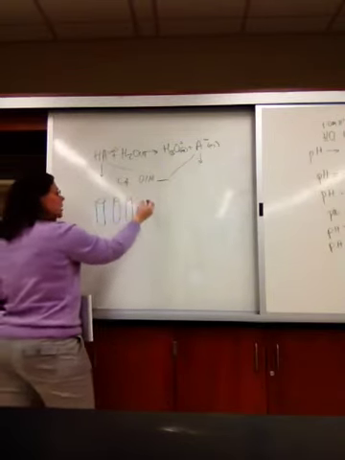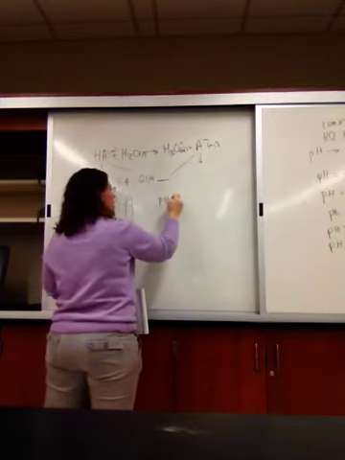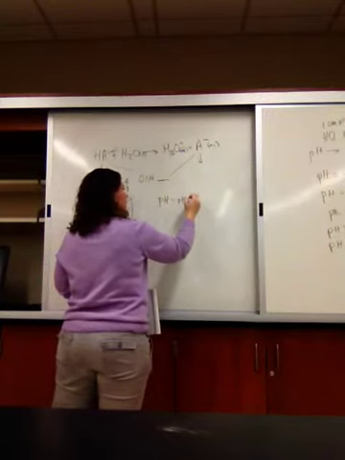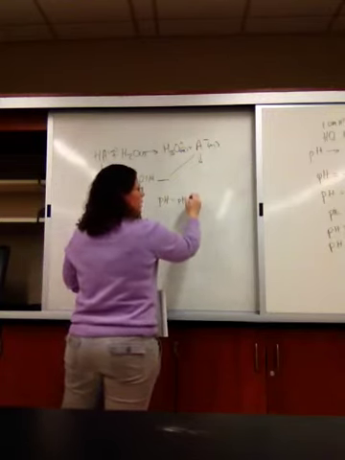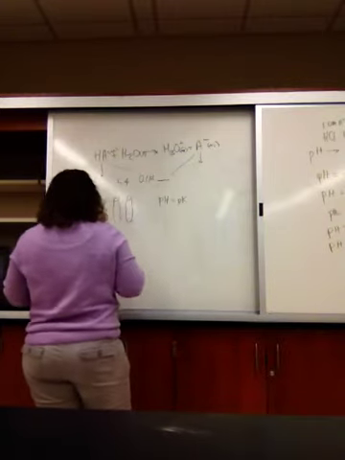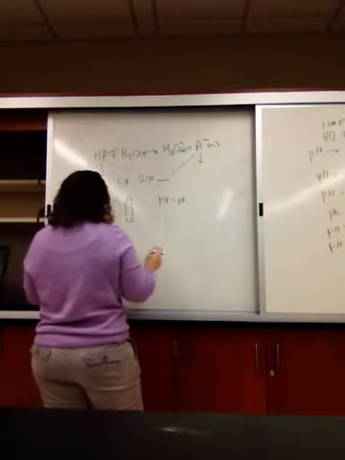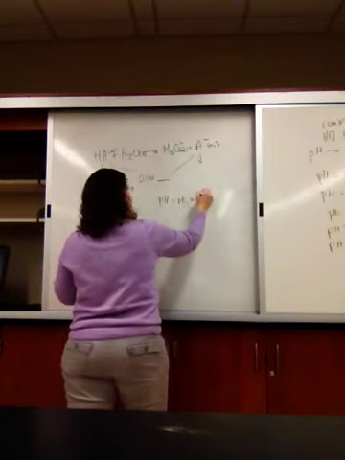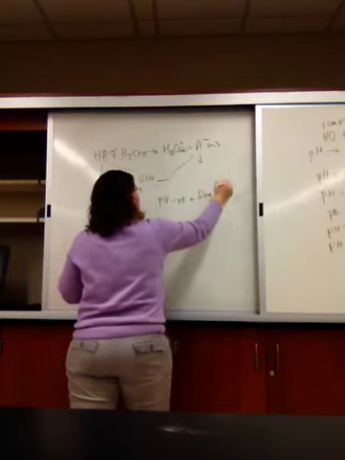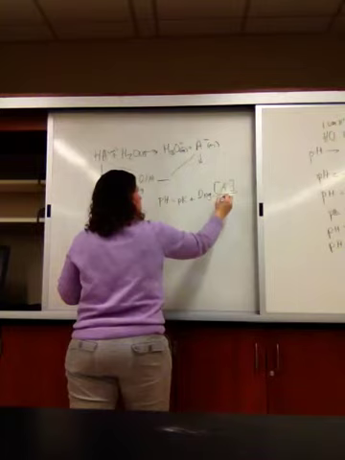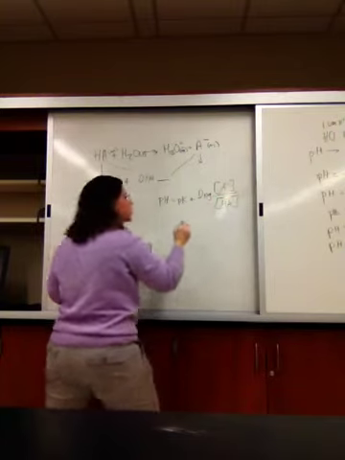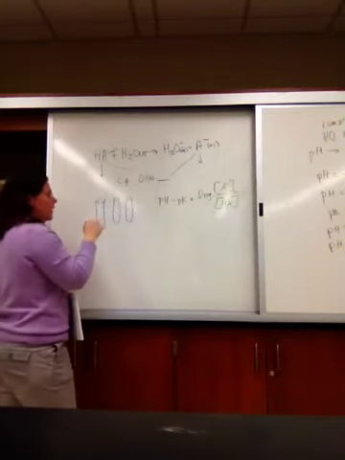I'm going to use my Henderson-Hasselbalch. Remember, pH equals pKa plus the log of the A minus concentration over the concentration of HA. So, we've got those values.